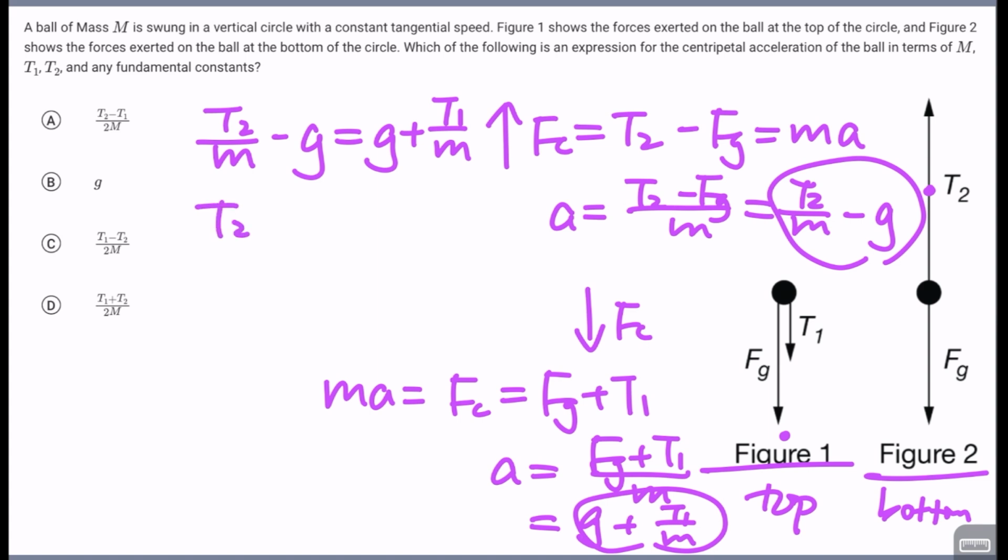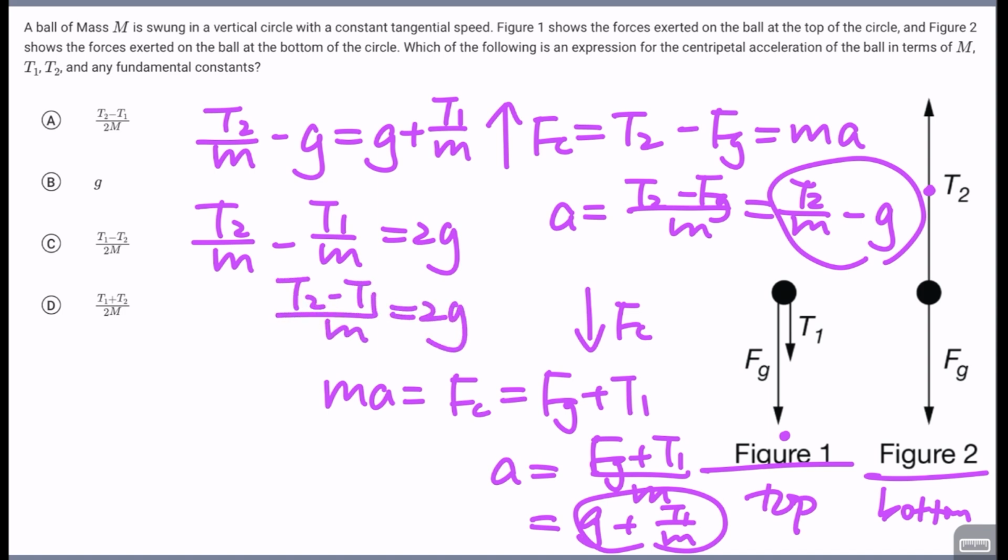Then I get T2 over m minus T1 over m is equal to 2g. Then now what I can do is try to represent g in terms of T1, T2, and m.